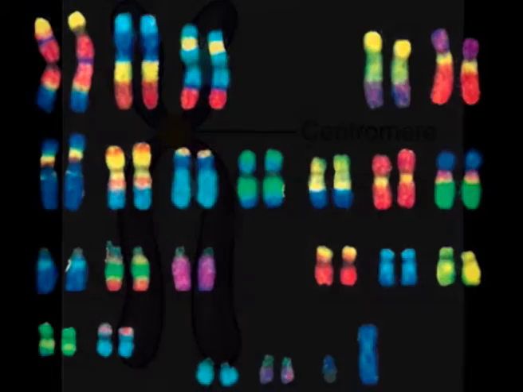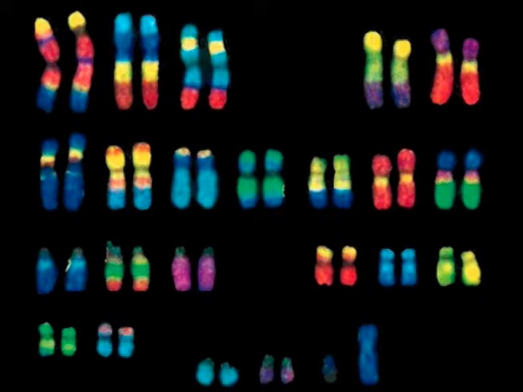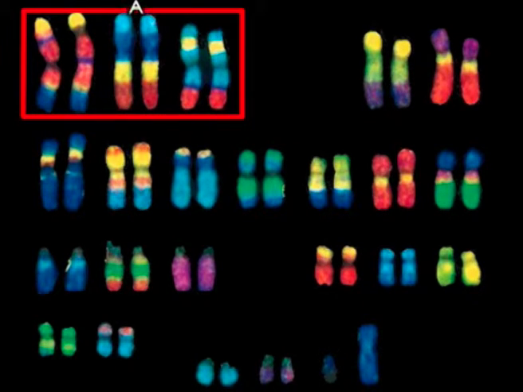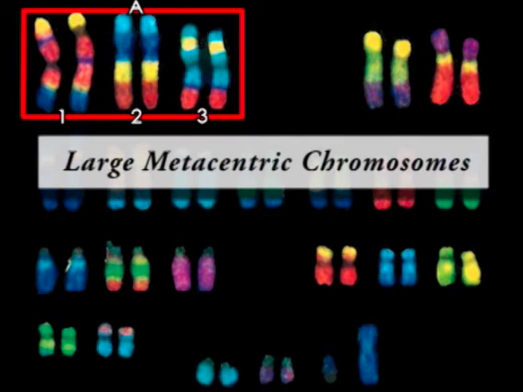In the first group, that is group A, the chromosome number 1, 2 and 3 are kept under this group. These chromosome number 1, 2 and 3 are large metacentric chromosomes.